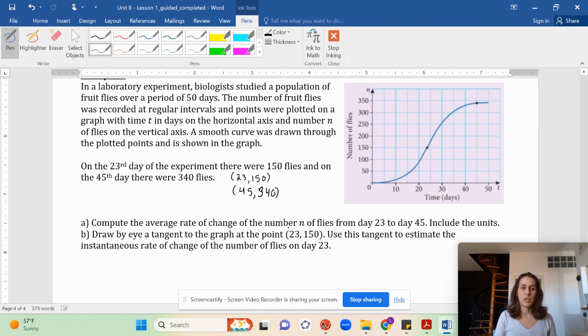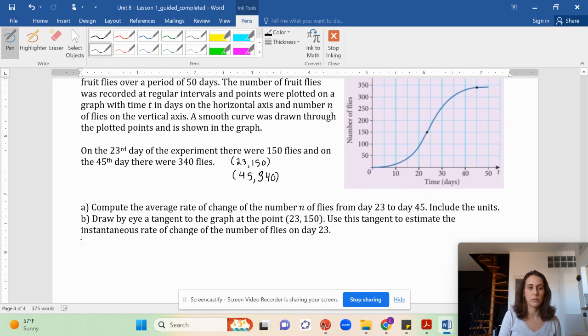Compute the average rate of change of the number N of flies from the 23rd to 45 days, include the units. Average rate of change would be the slope from those 2 days, so 340 minus 150 over 45 minus 23.